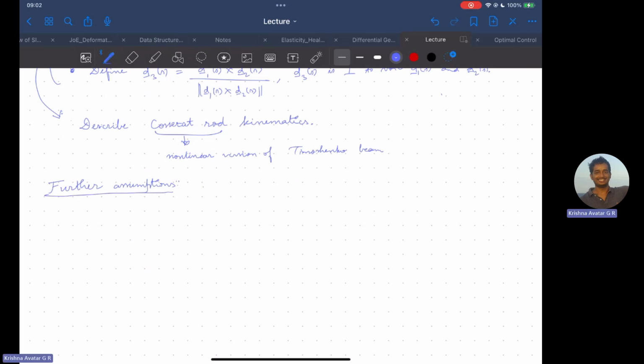So now we require, first of all, that D1, D2, and D3 are orthogonal and unit normed. And this means that these are requirements for what we call orthonormal.